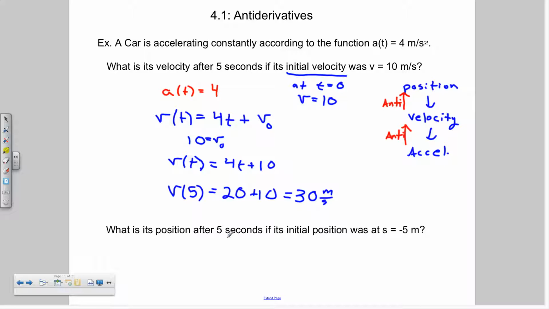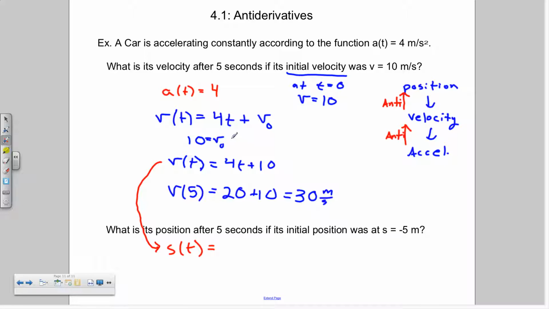Now for the position after 5 seconds, if its initial position was s equals -5, it would work much the same way, except instead of anti-deriving from acceleration, we would anti-derive from our velocity function.